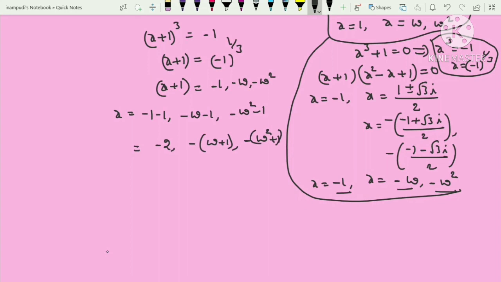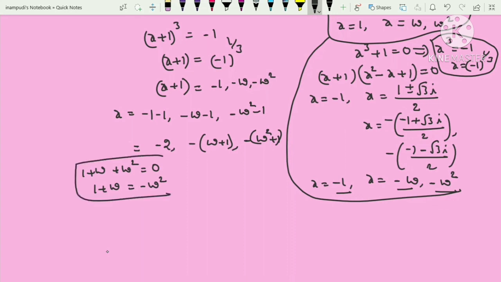We know that 1 plus omega plus omega square equal to 0. Here 1 plus omega equal to minus omega square.